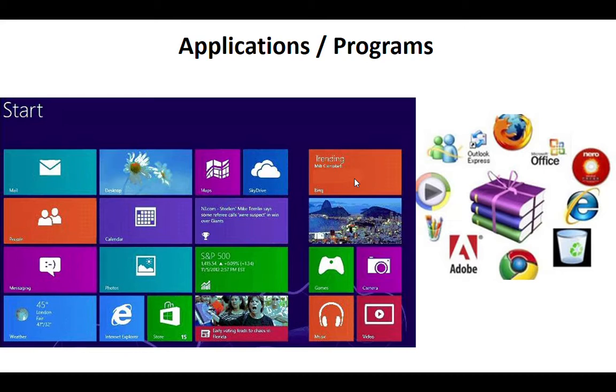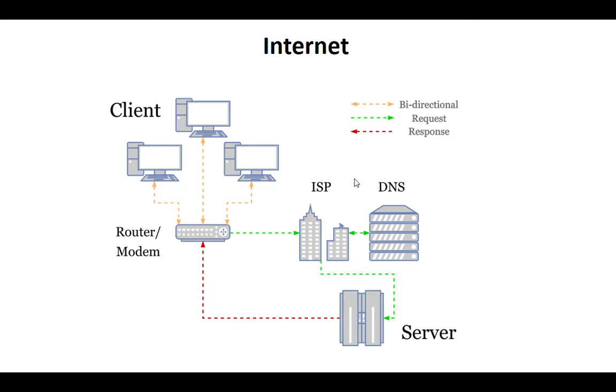Okay, so I wanted to talk a little bit about the internet and how that maybe works. The internet is a way that we can communicate from one computer to another, and store data and share data. So you have clients, that's like our home PCs, our personal computers, our laptops, and then they talk through a router or modem.